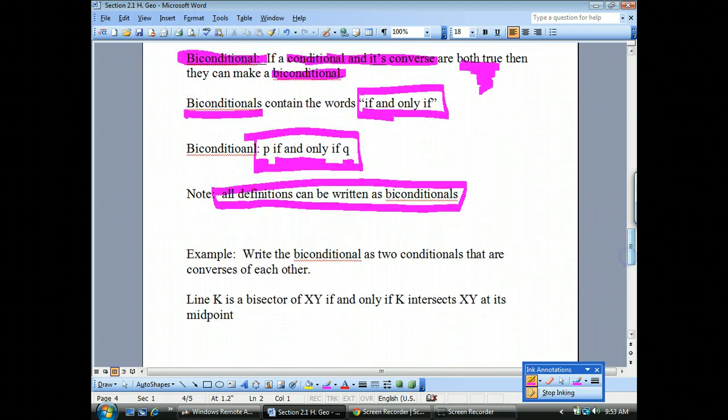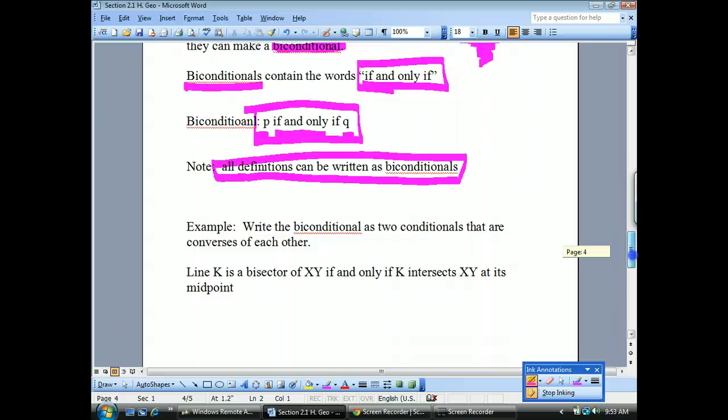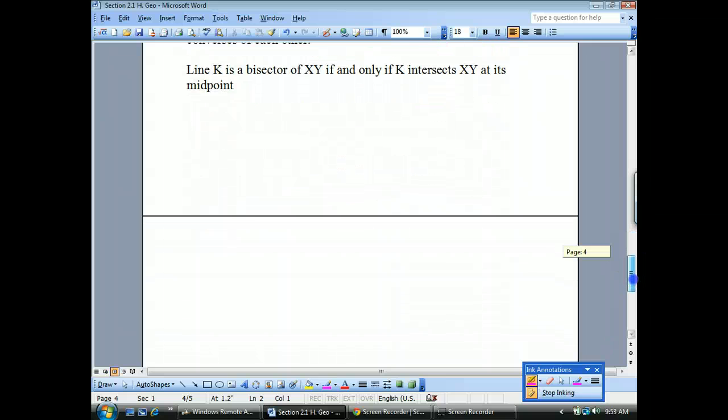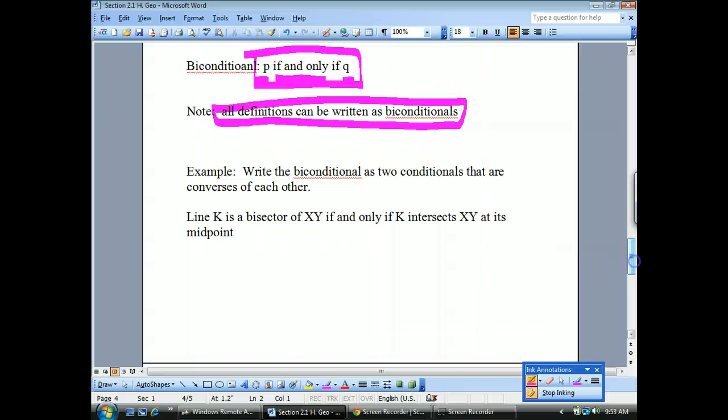Okay? When we write the biconditional, first of all, we identify the hypothesis and the conclusion, and then we just put an if and only if between them, once we've determined the statements are true.